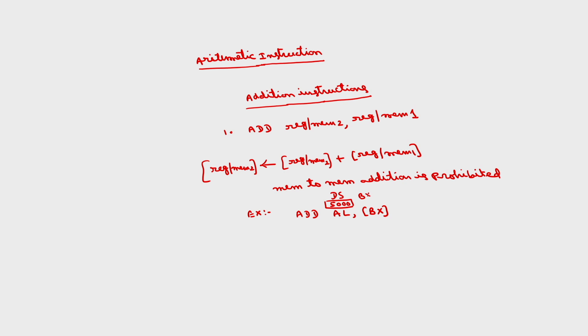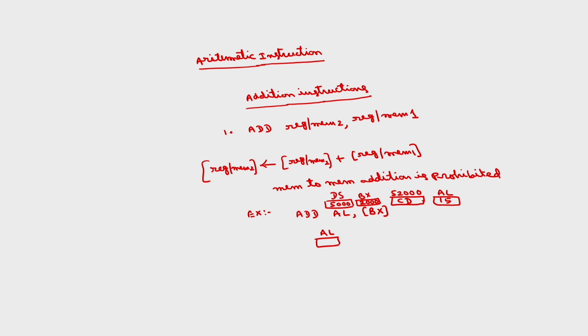If this is the same as the previous example, 2000, then in this 52,000 if you have CDH say, and AL contains say 15H, after the execution of this instruction, what will be the contents of AL?